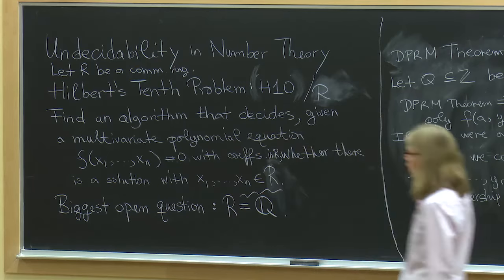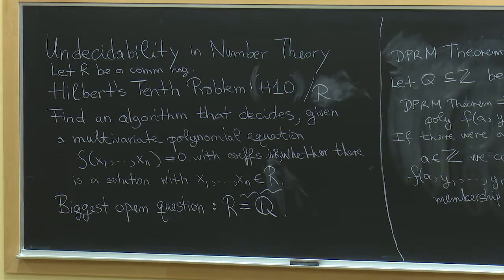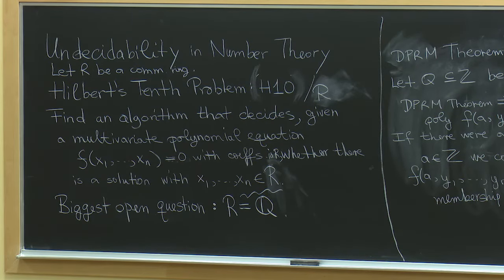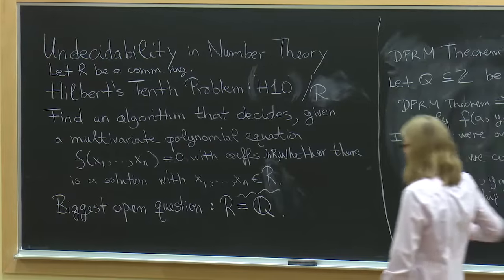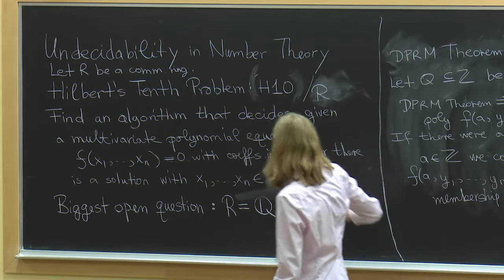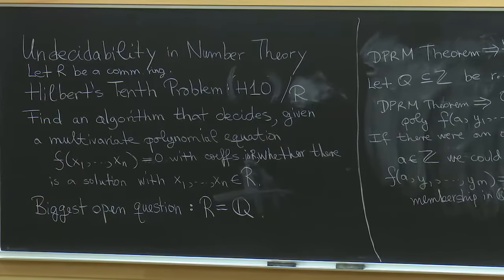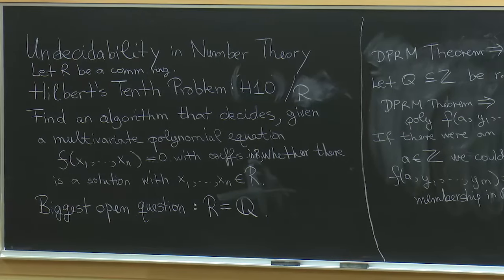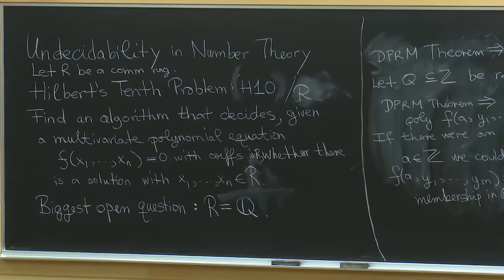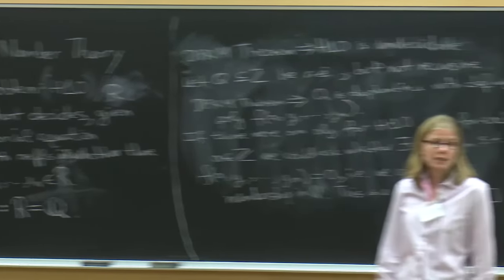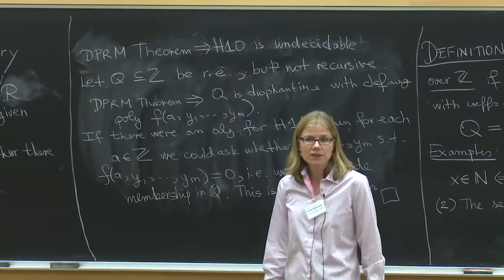So what if you look at rational equations and you want to look for rational solutions? You can also interpret this geometrically, because a system of equations over the rationals is going to cut out some variety over Q, and basically you're asking if this variety has a Q-rational point.